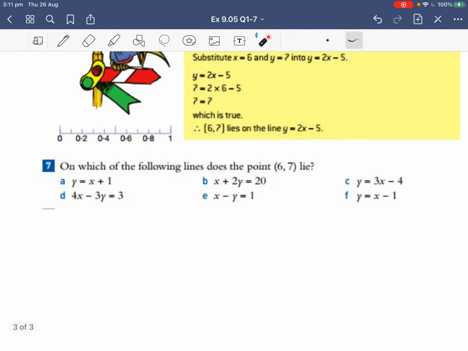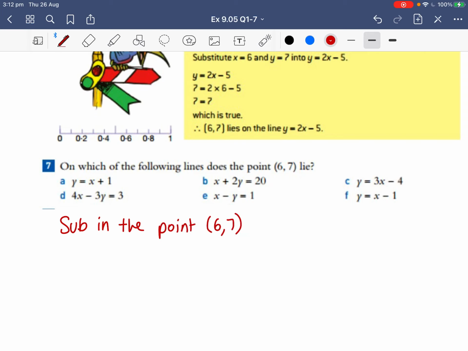Think about that. Then finally, for question 7, what we need to do is solve on which of the following lines the point 6, 7 lies. So to do this, we are going to sub the point 6, 7 into our equations. For question 7, I'm going to have a quick go at doing 7a for you.